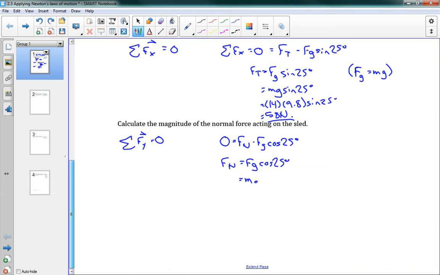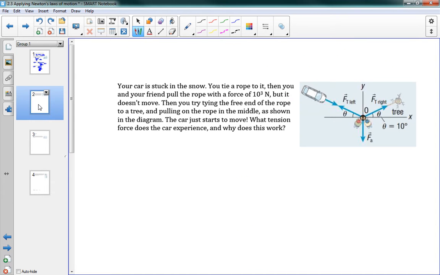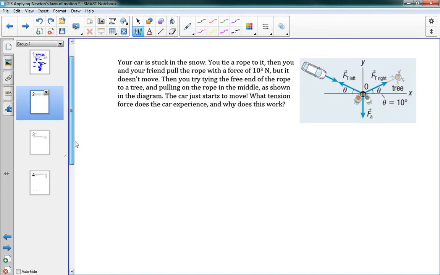And same thing, I can write that as mg cosine 25. Fill in the numbers. 14, 9.8 cosine 25. And that gives me 124 newtons, which I need to put down into 2 digits, 120 newtons. The end. So, that was our first example, solving that sort of a problem.